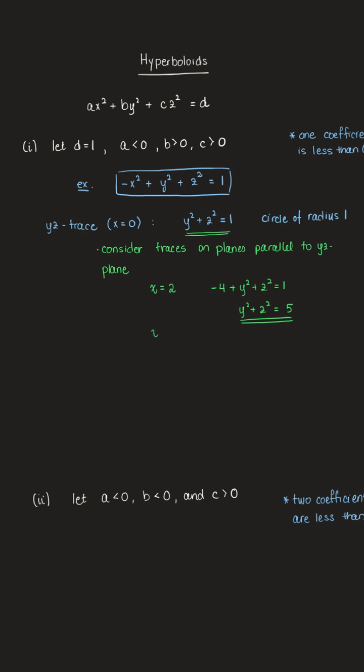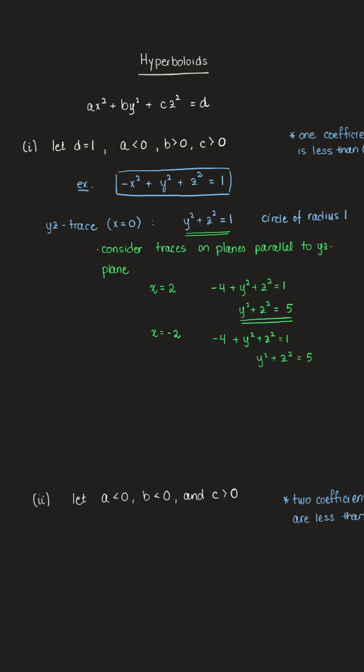If I put in x equals negative 2 and look at the trace on a plane parallel to the YZ plane along the negative x-axis, we still get negative 4, because negative 2 squared is 4, plus y squared plus z squared equals 1, which is again another circle with radius square root of 5.